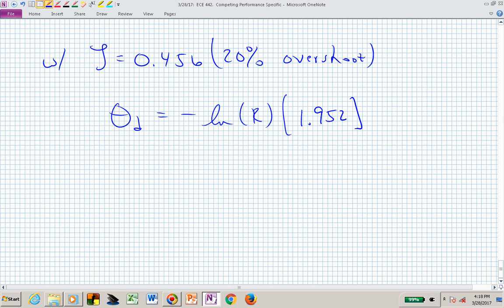We now know what theta sub d is from our peak time spec. That was 1/10 of pi.